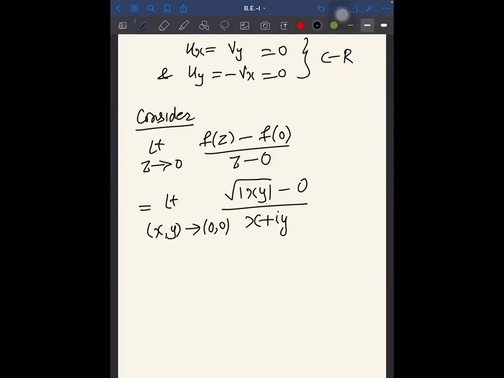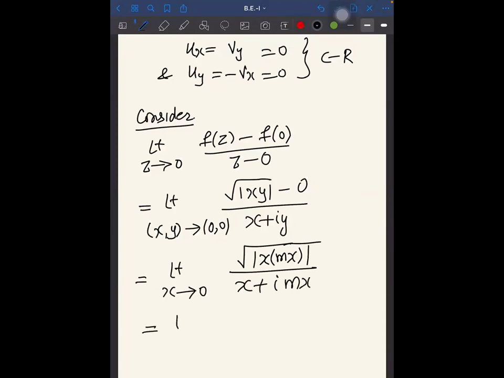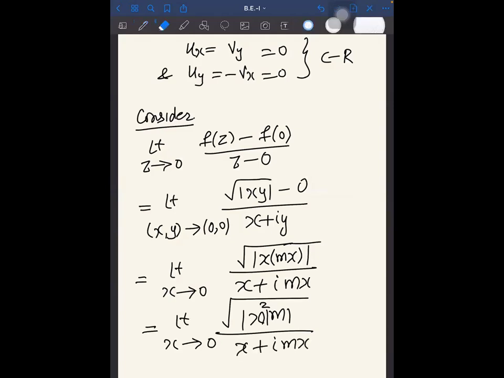Can you choose any path so that it will be a path dependent thing? So y is equal to mx. Simply y is equal to mx. So replace this by mx, and then you will have x times m x square and m mod x, and then you have a square root, x plus iota mx. So this x will get cancelled. Let me write it more clearly.